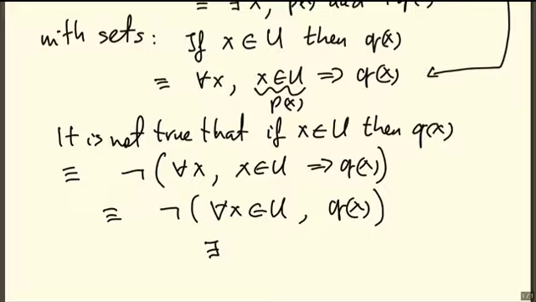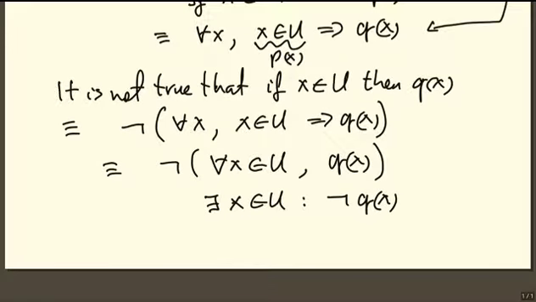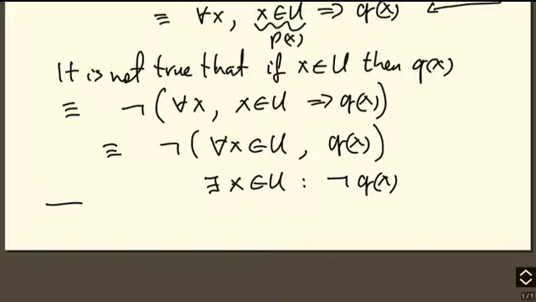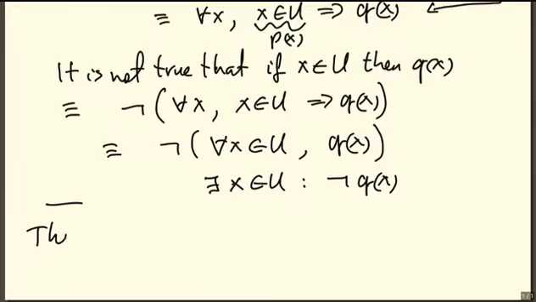There exists an x in U such that it's not true that we have q of x. So let me write down then the parts of theorem 2.3.1 that has these statements.